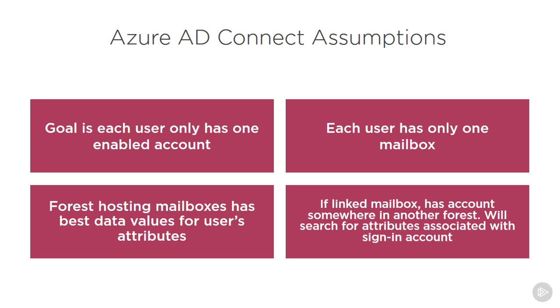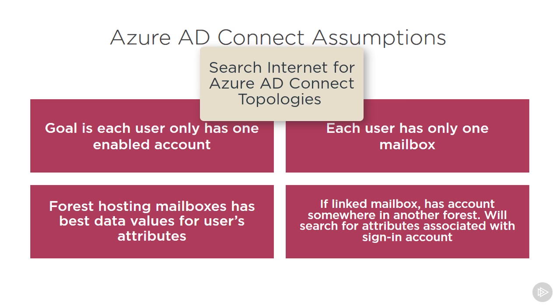The fourth: if there's more than one active account or mailbox, the sync engine is going to pick one and ignore the rest of them. Another criterion is that any linked mailbox without an active account won't even be synced to Azure AD. For additional information on these assumptions, search for Azure AD Connect topologies to get the details around them.